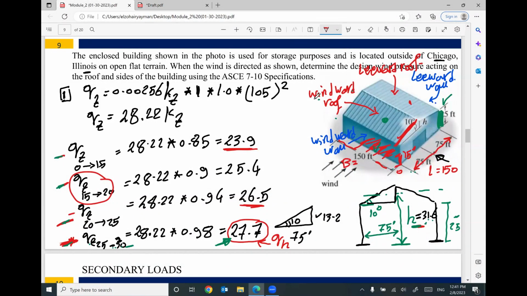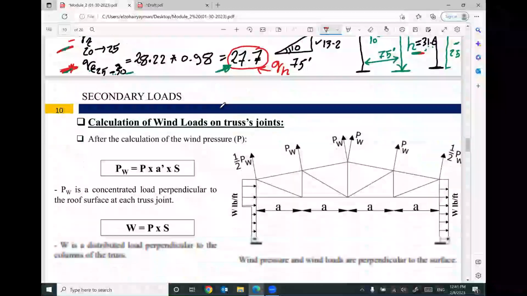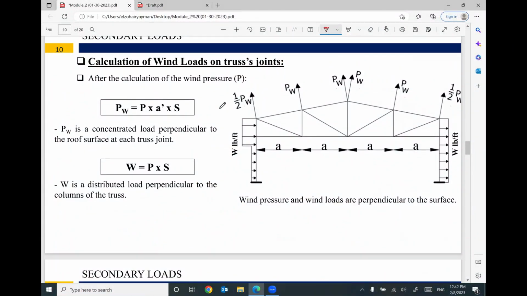That makes sense? That makes sense so far? We are not talking about pressure as a uniform distributed load. We have to convert this distributed load to a concentrated load at each joint of the truss. So we have another step.